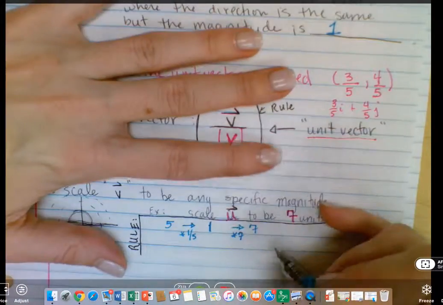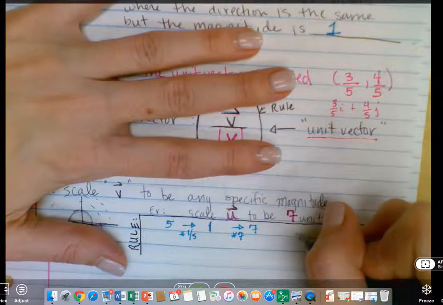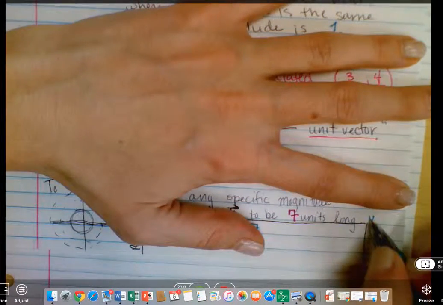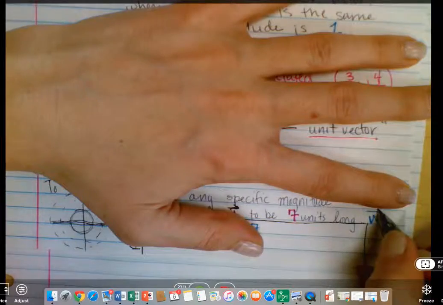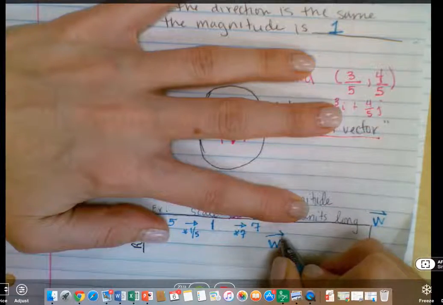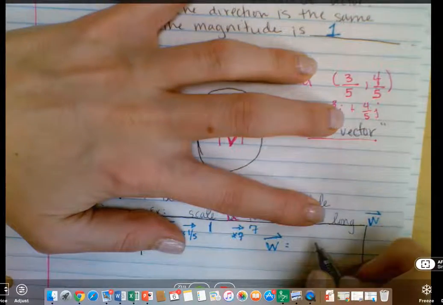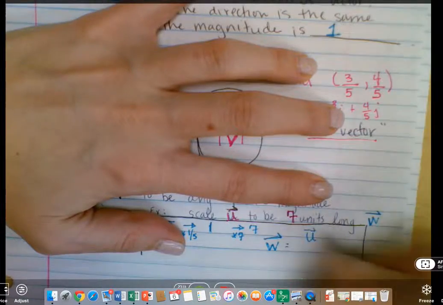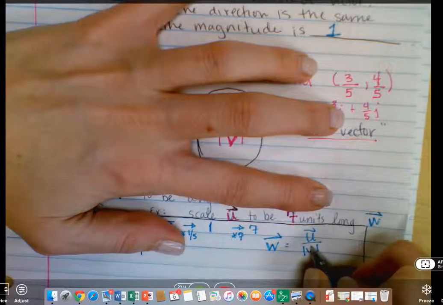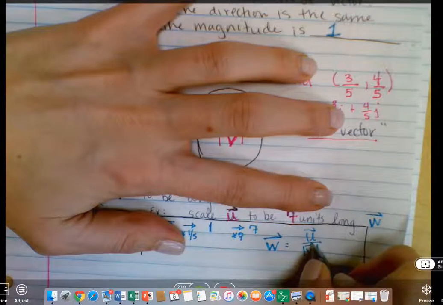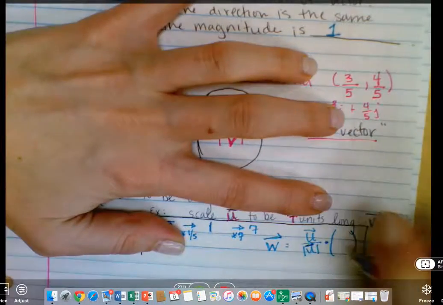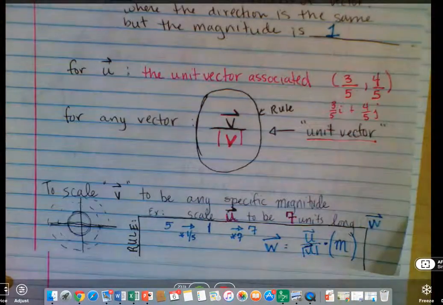So what this looks like as a rule is that if I'm going to scale u to be 7 units long, and we'll call that vector w, then w would be the vector u scaled down by however long that vector is, the magnitude of u, and then scaled up by the magnitude I'm interested in.